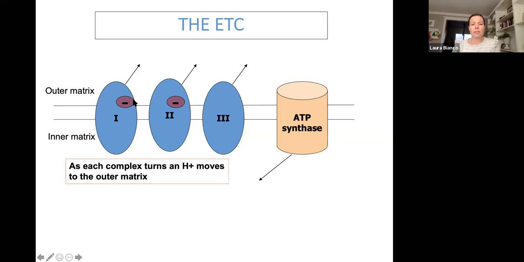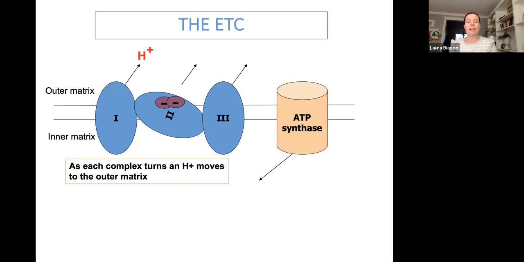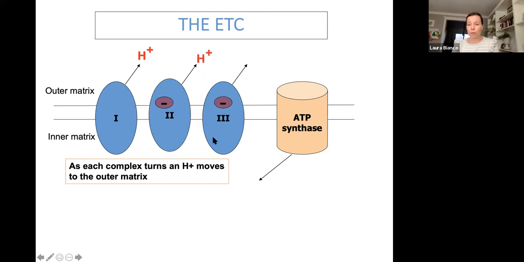So these are the electrons that are being passed from one electron carrier molecule to the next. That's what these blue ovals are. Those are the electron carriers. And as the electrons are being passed, remember I said that they are providing the energy that's used to pump the hydrogen ions from in here out to here, to this space.